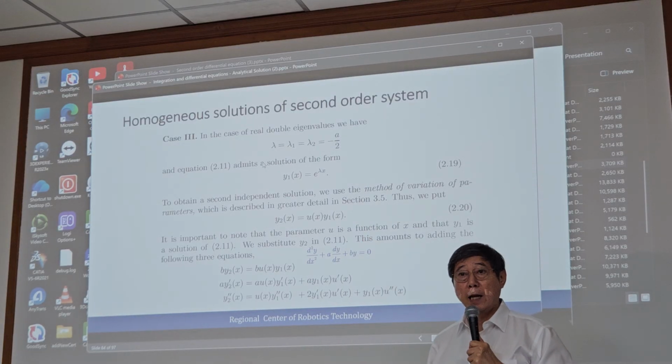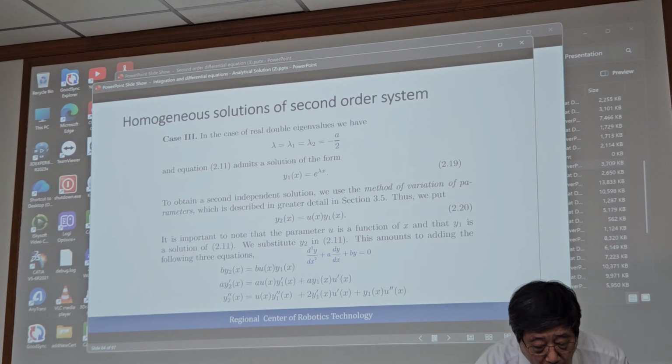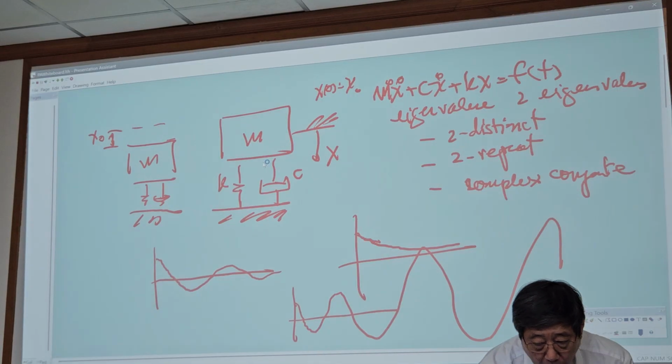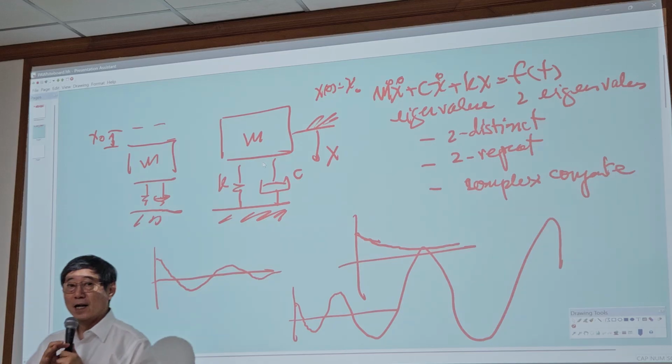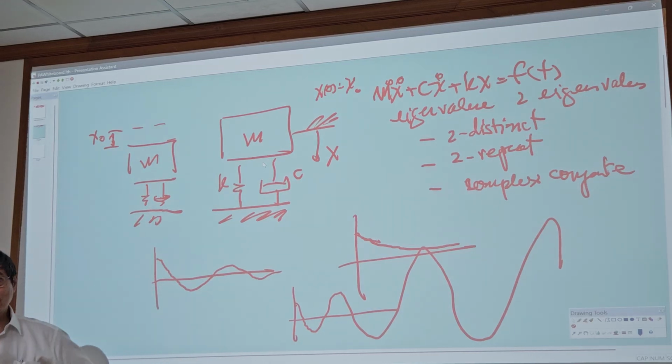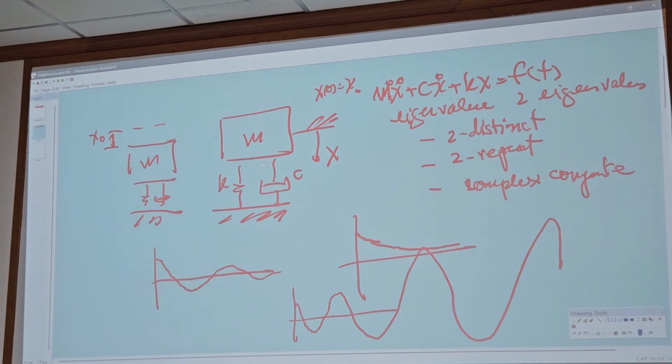How can you tell which one it is? You need to find the root of this one.